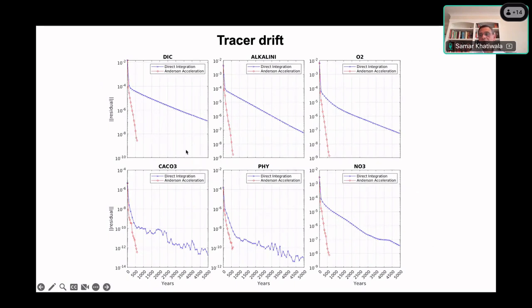You can see in all cases, the Anderson one converges much more quickly than the direct time integration. This is DIC, this is alkalinity, oxygen, and so on. And this last one here is nitrate, the nutrient, which tends to take quite a bit longer.